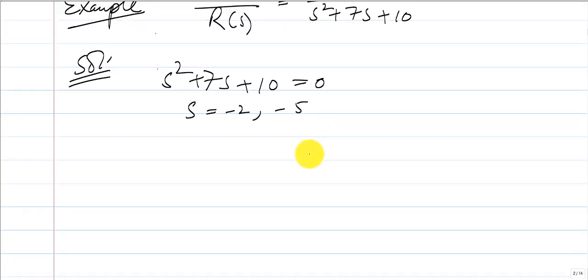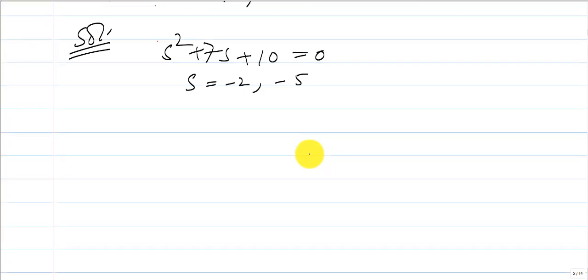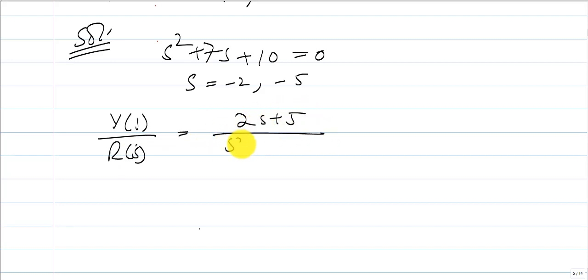So we have these two eigenvalues, lambda 1 = -2 and lambda 2 = -5. These are the eigenvalues or the poles of this system. So the transfer function Y(s)/R(s) = (2s + 5)/(s^2 + 7s + 10).